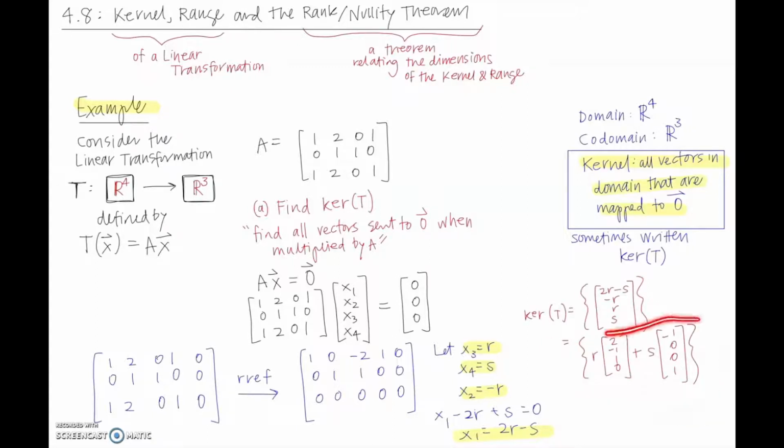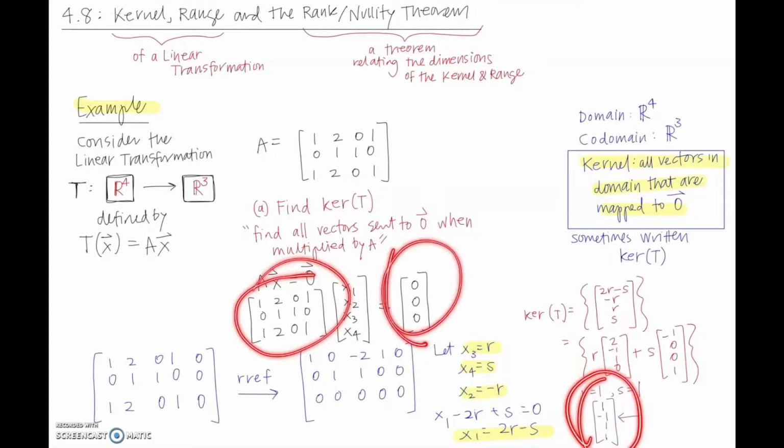Okay, I really want to convince myself that I've found the right set. So let's let r equal 1, s equal 1. Then the vector that we get out is 2 minus 1 is 1, negative 1 plus 0 is negative 1, 1, 1. This vector should be in the kernel. Is it true that when you take A times this vector, you get the 0 vector?